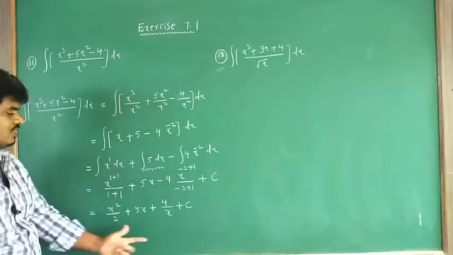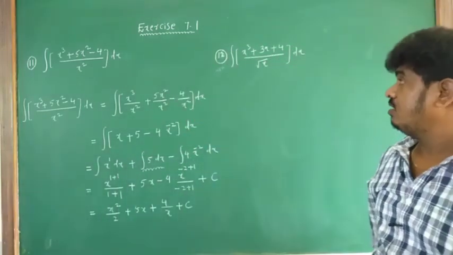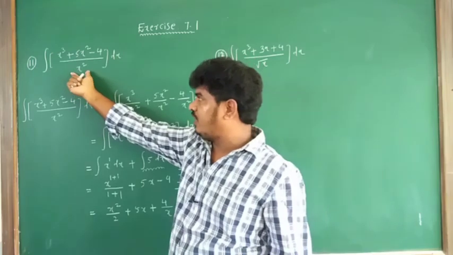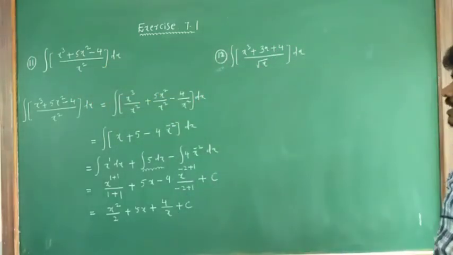It is the answer. Next, these 11 and 12 are both similar. Here in the denominator we have x square, and in the next one in the denominator we have root x. Here also you take root x separately.